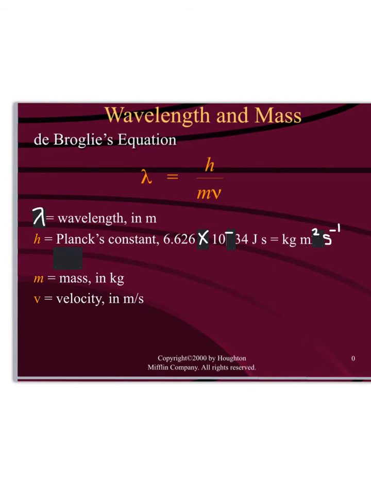So de Broglie's equation states that the wavelength equals h, Planck's constant, over mass and velocity. We take into consideration the mass of the particle and the velocity, or the speed, of the particle.